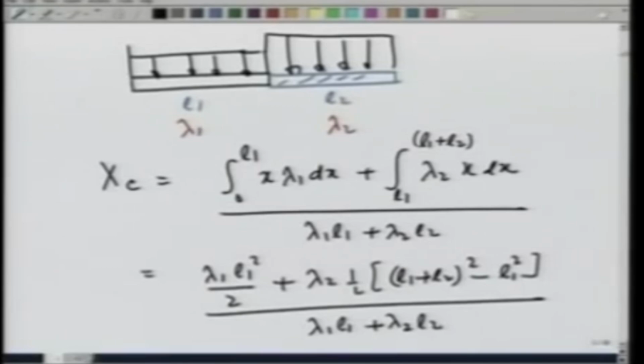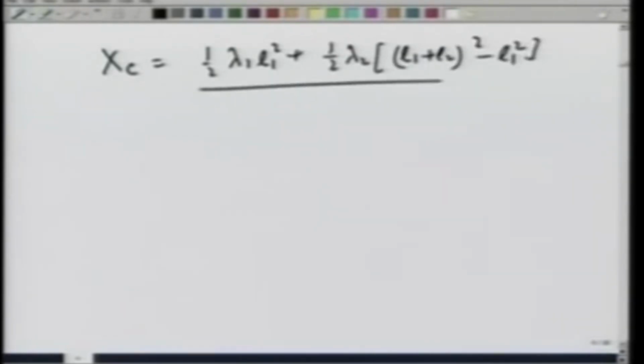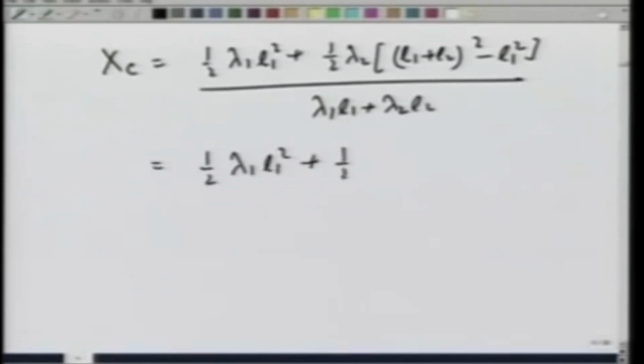You simplify this and you get x c, which we just calculated to be 1/2 lambda 1 L1 square plus 1/2 lambda 2 L1 plus L2 square minus L1 square over lambda 1 L1 plus lambda 2 L2, to be 1/2 lambda 1 L1 square plus 1/2 lambda 2.